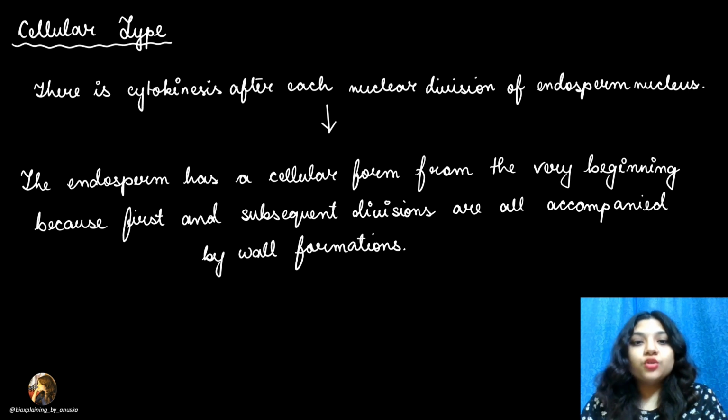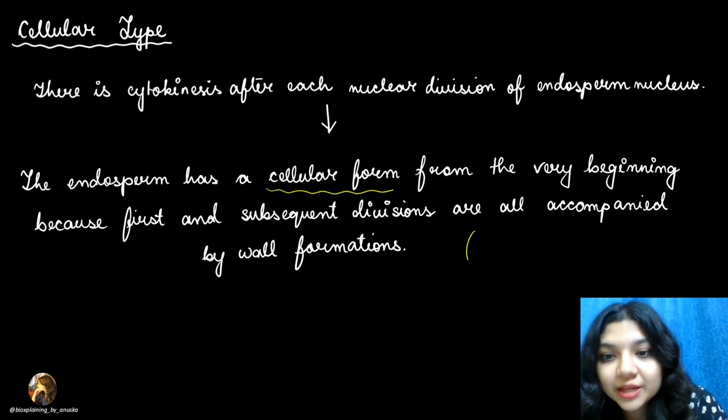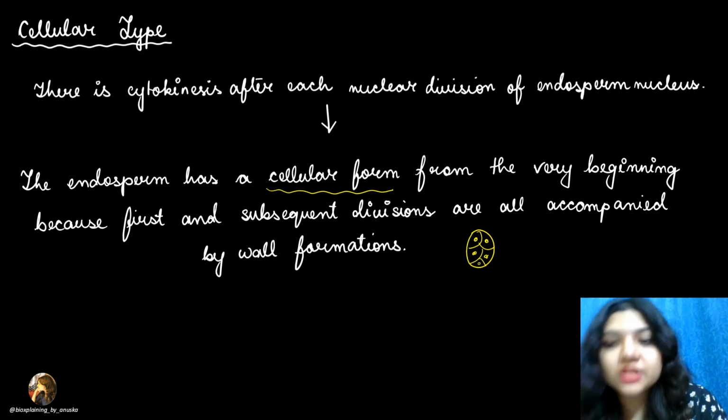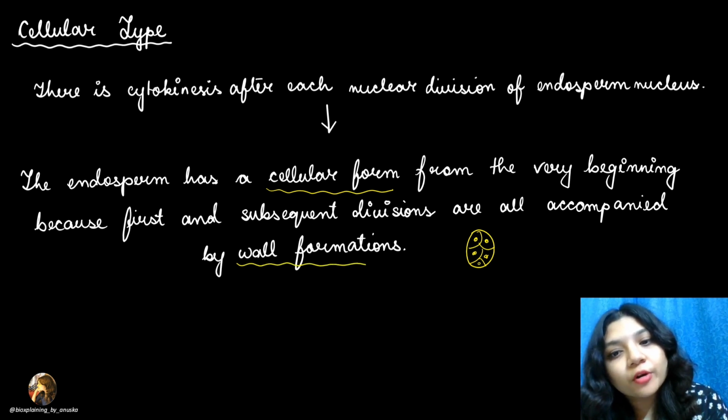Okay. So the endosperm has a cellular form from the very beginning. That means one nucleus means one cell. And all the subsequent divisions are all accompanied by wall formations.